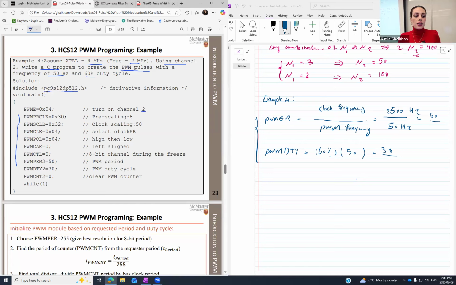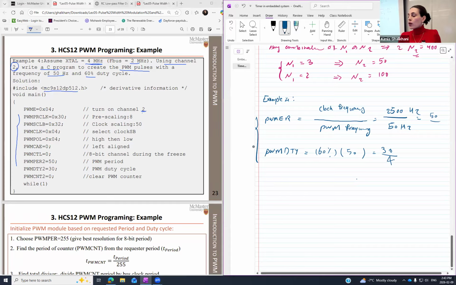I'm just activating my channel 2. And then for the pre-scaling, I already calculated this one is 30. I get it from my calculation. Therefore, I'm going to say my PWM clock is 0 times 30 because I calculated my pre-scale right here.